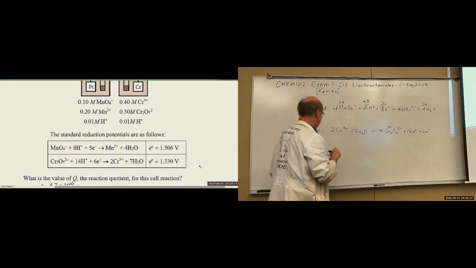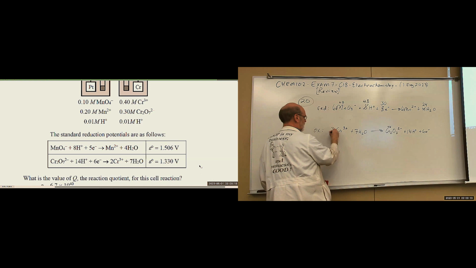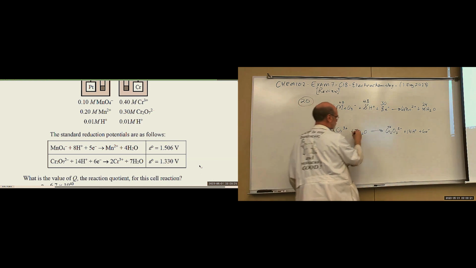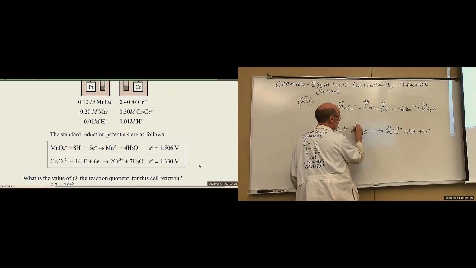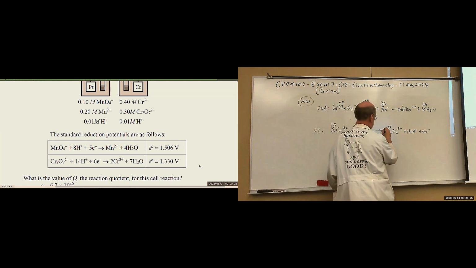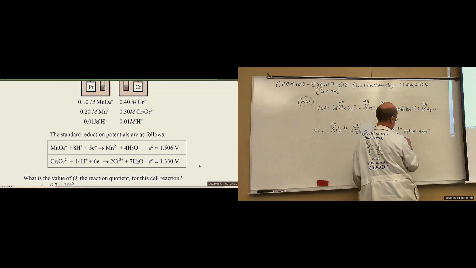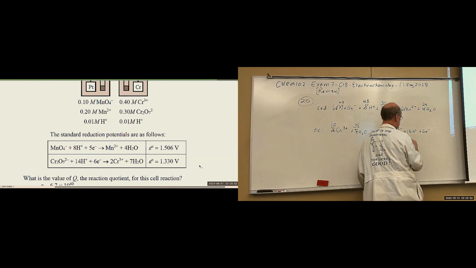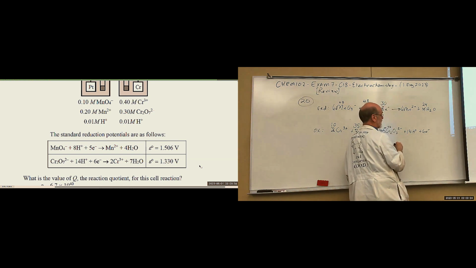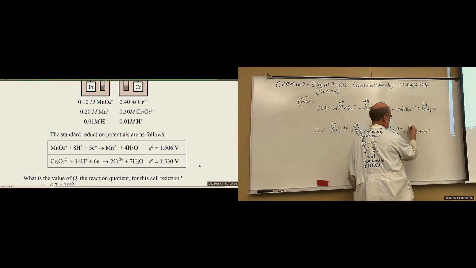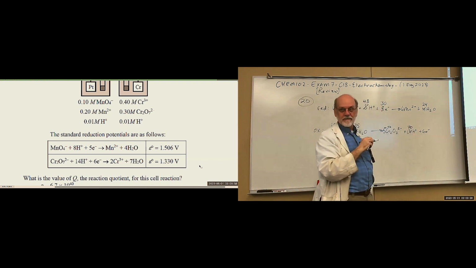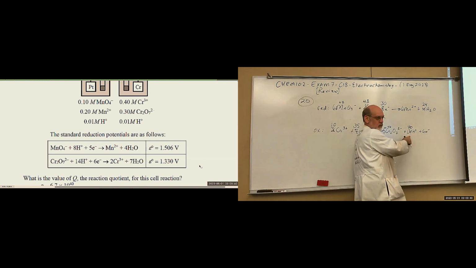Okay. And 5 times this one. So that makes this one 10. 35. 5. And what's 5 times 14? 70. Did I do that right? 5 times 4 is 20.